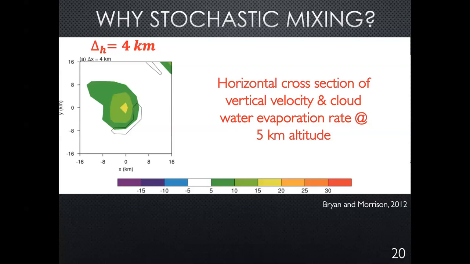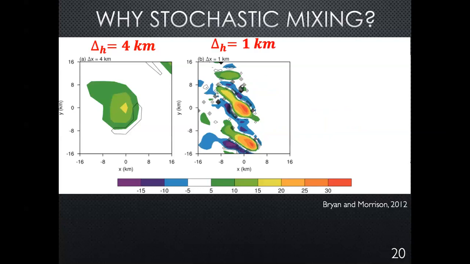Here we're showing a horizontal grid spacing of 4 kilometers. But if we moved to a horizontal grid spacing of 1 kilometer, we see a wider distribution of smaller updraft cores with different core properties. For example, larger vertical velocities in this case, with more cloud water evaporation, largely due to the larger surface area around the edges of the updrafts.